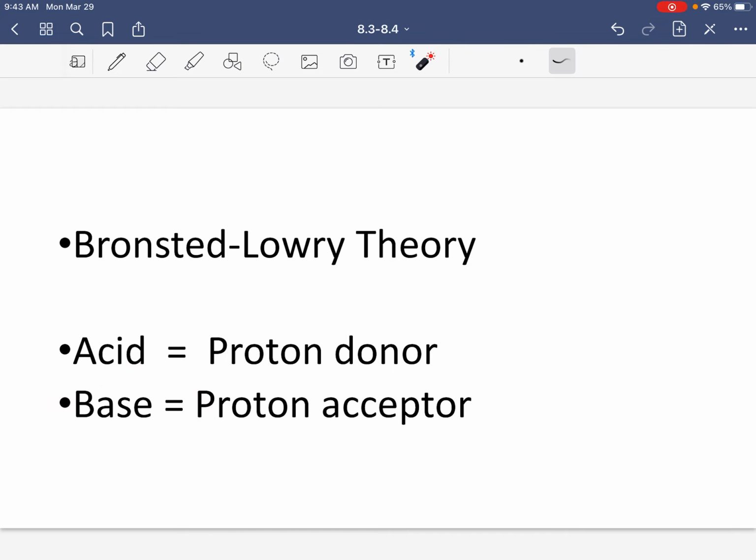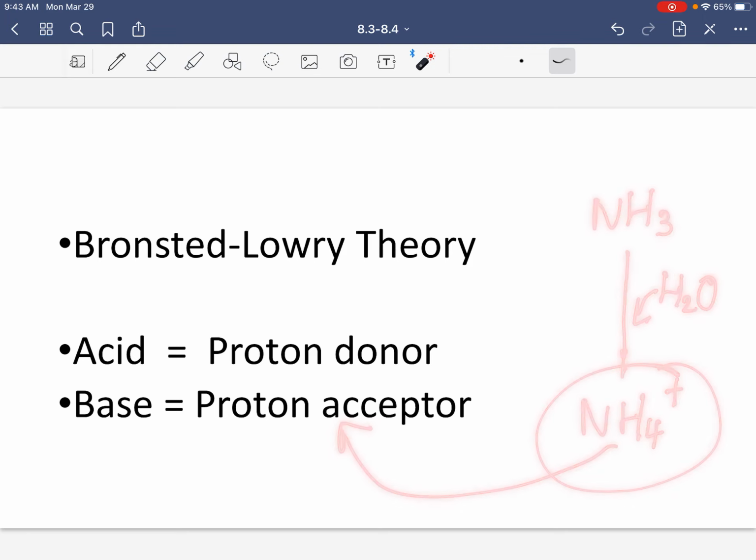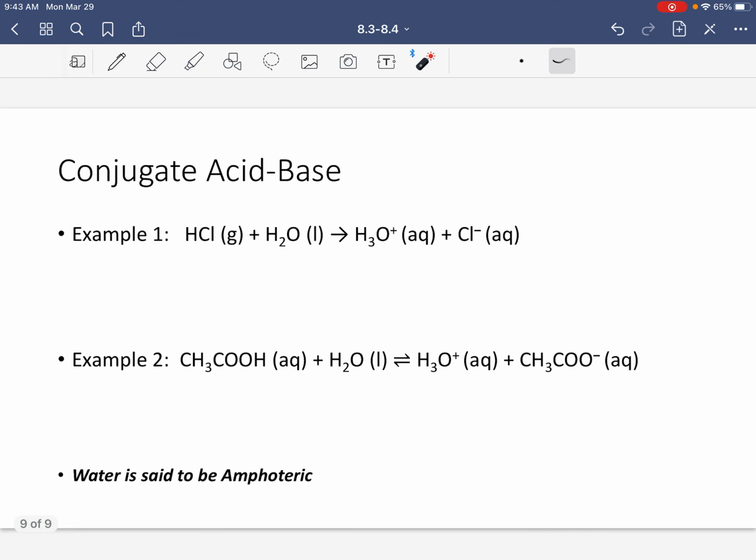Base, as we saw earlier, is a proton acceptor, like NH3. Upon saying hello to water, it will take one of the hydrogens from water and become NH4 plus. That's a proton acceptor. Because of that, that brings us to something known as the conjugate acid and base.